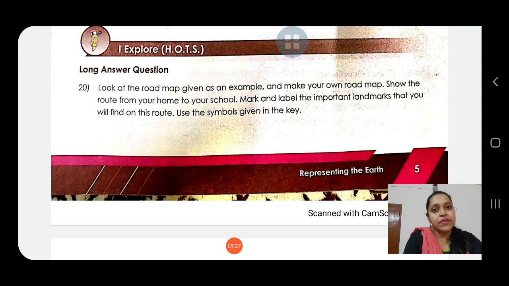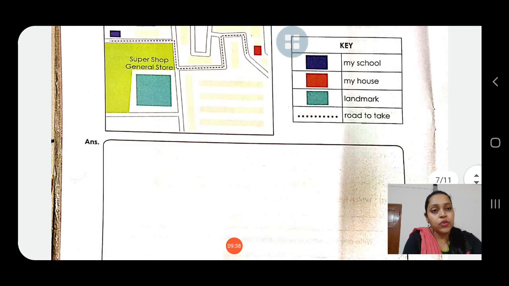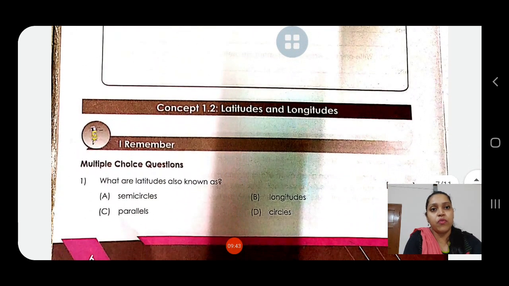Use the symbols given. You'll have to make a road map from your home to school, and you have to use the symbols. One example is given, children, you can see, and looking at that only, you'll have to make a different type of map. This also will be a homework.